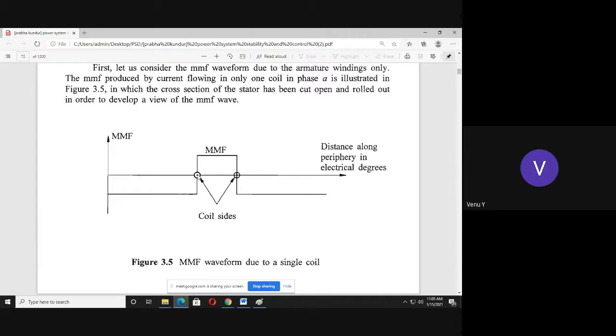Dot means current flowing out of the plane, and the cross is into the plane. The current is the same for one turn, so the current direction gives the MMF wave. So this is the rectangular shape, if you consider a single rectangular conductor.